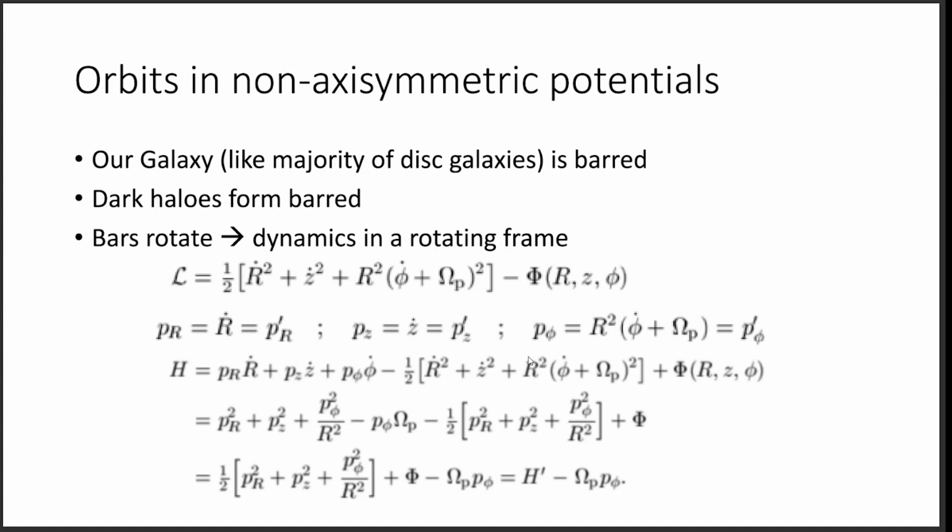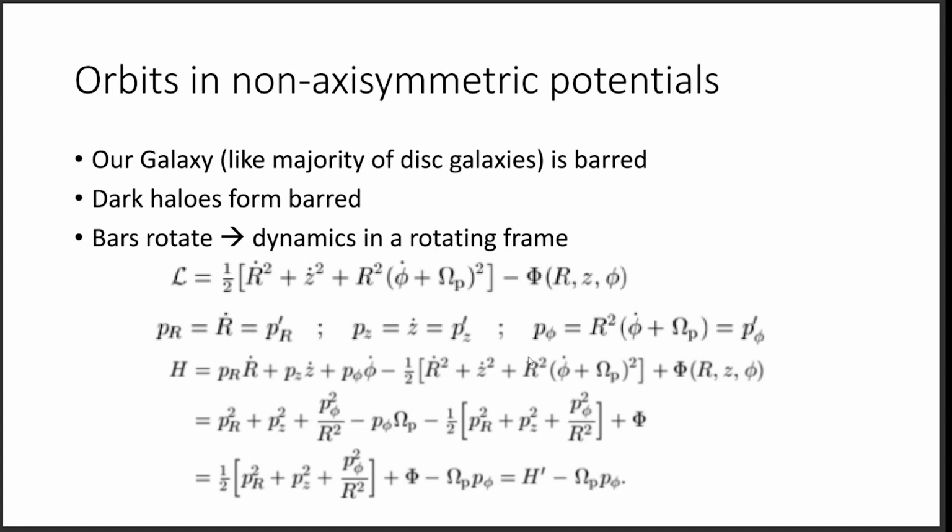Half of all disk galaxies are barred galaxies. So let's see whether we can construct orbits in the plane of our galaxy, which are strongly influenced by the galactic bar, treating those orbits as perturbations on orbits in an axisymmetric potential. All right, that's the game now.